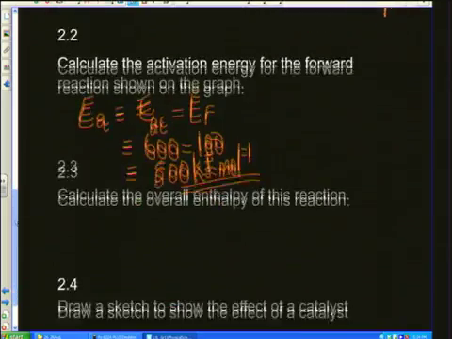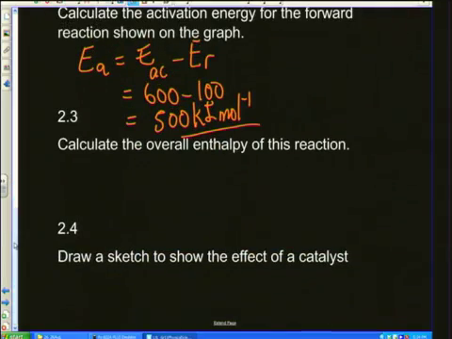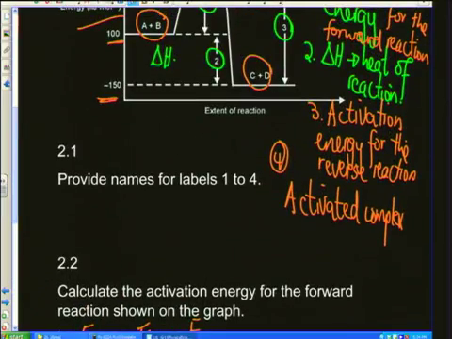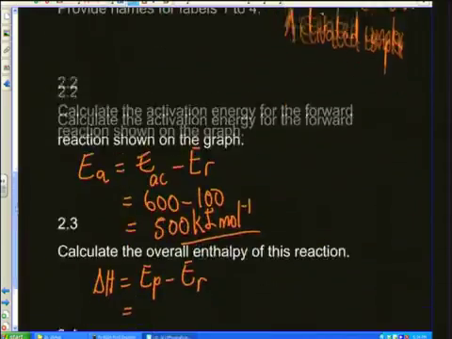Right. Now moving on, 2.3, calculate the overall enthalpy of this reaction. Okay, now delta H would be equal to energy of products minus energy of reactants, and if you look at the energy of products, they are at minus 150, energy of reactants at positive 100.